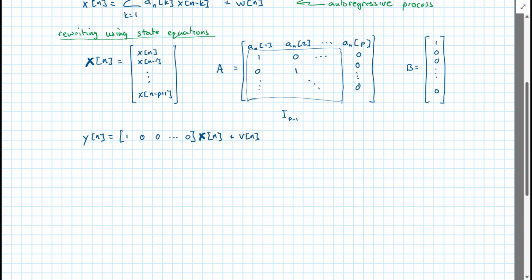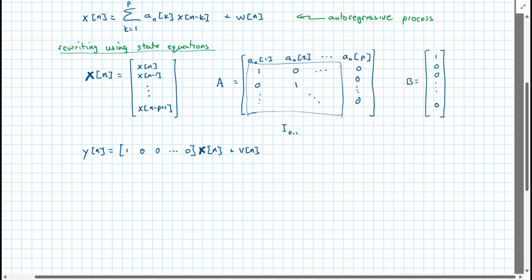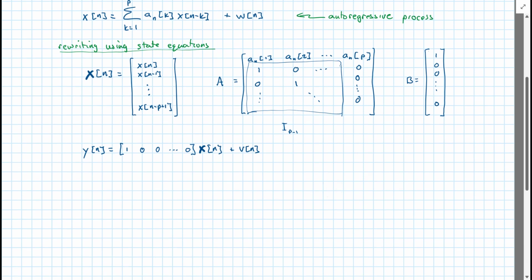So spend a minute and double check, put on a piece of paper, write these equations out, and convince yourself that A is the correct matrix. We've already discussed how the first row is going to be multiplying the previous x vector, giving us the autoregressive update.